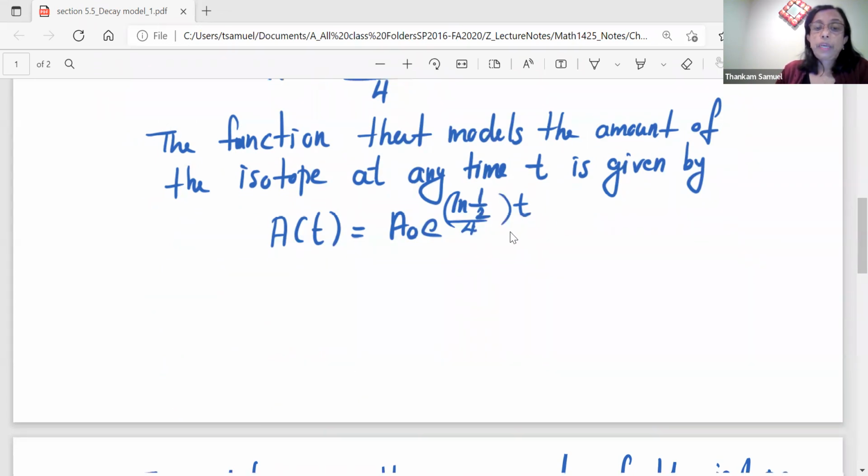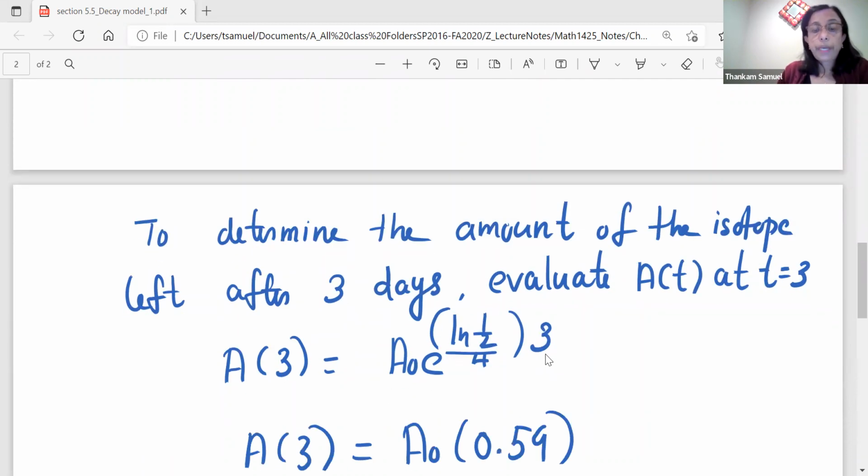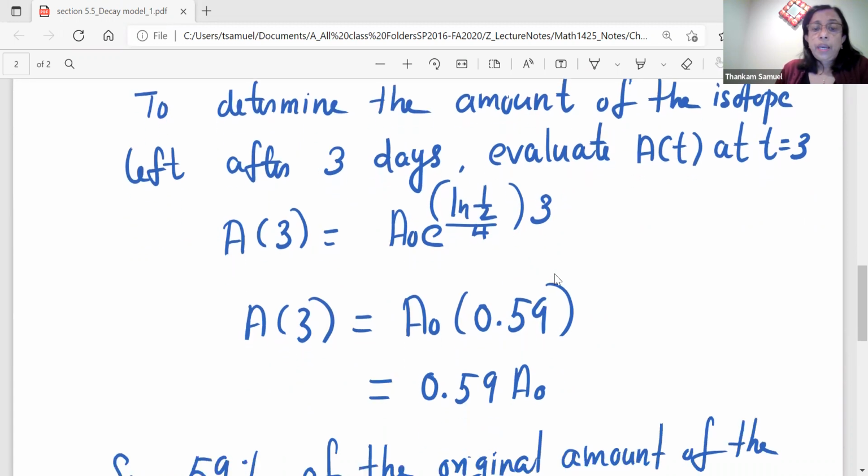So instead of t, we have to substitute the value 3 to find the amount of the isotope left after 3 days. So A of 3 equals A sub 0 e to ln of 1/2 over 4 times 3, and we have to evaluate this value.